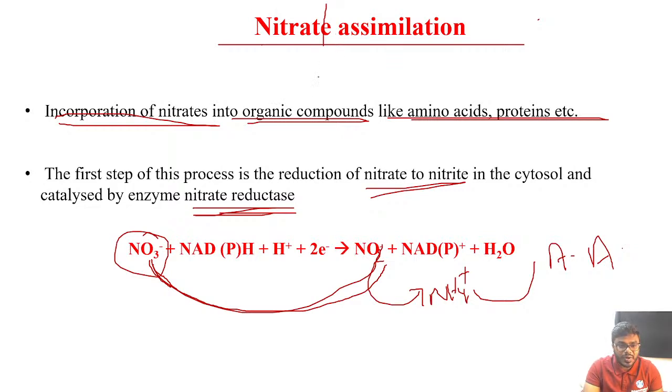Friends, this particular reaction takes place in the cytosol. What is the reason that this reaction occurs only in the cytosol? The reason, friends, is that the nitrate reductase enzyme is present in the cytosol only. Kindly do not forget the statement at all.